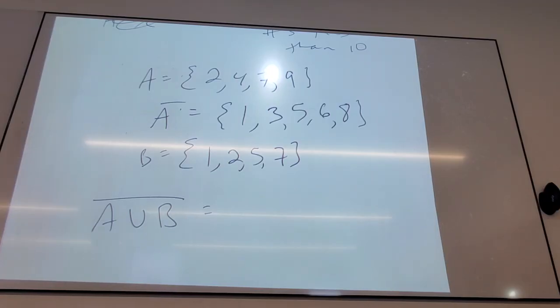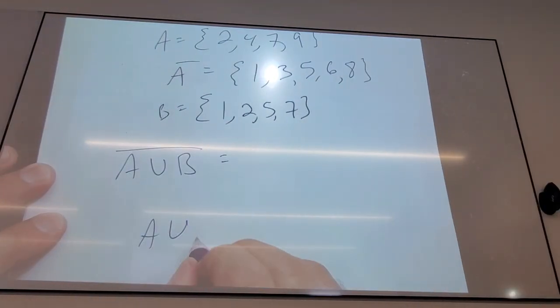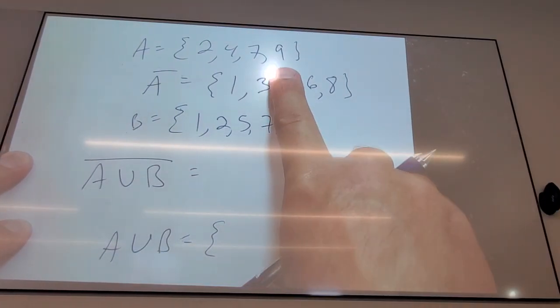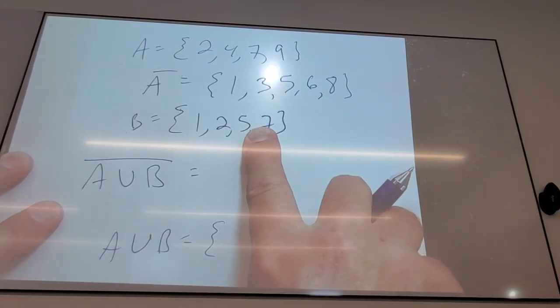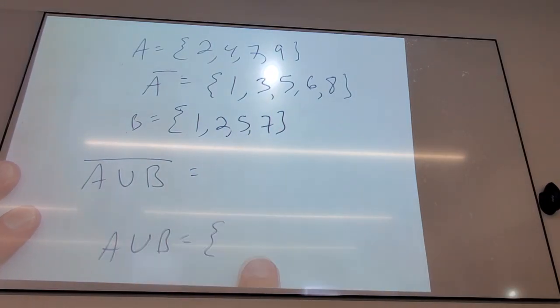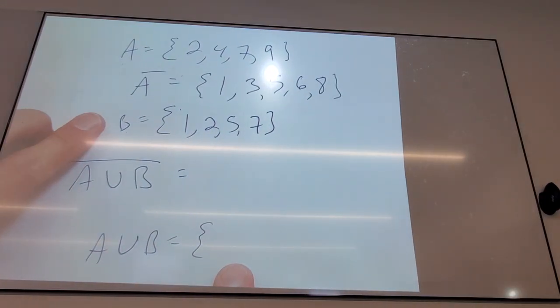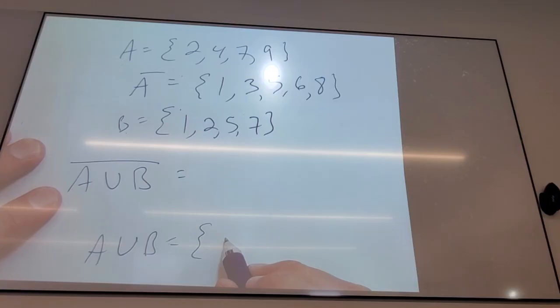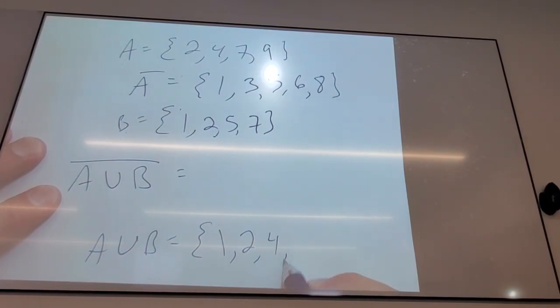So to answer this one question, one way to do this is, what's in A or B? Help me out, guys. What numbers are in A or B? 2 is in A or B. There's something before that. 1 is in A or B, right? 2, 4, 5, 7, 9.